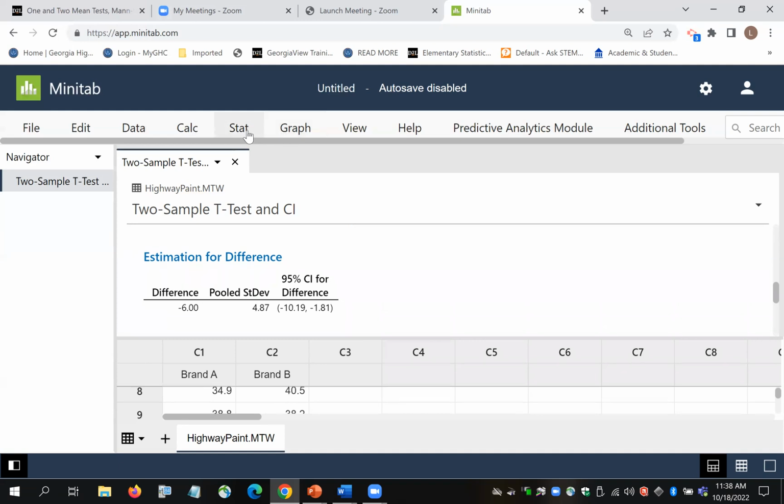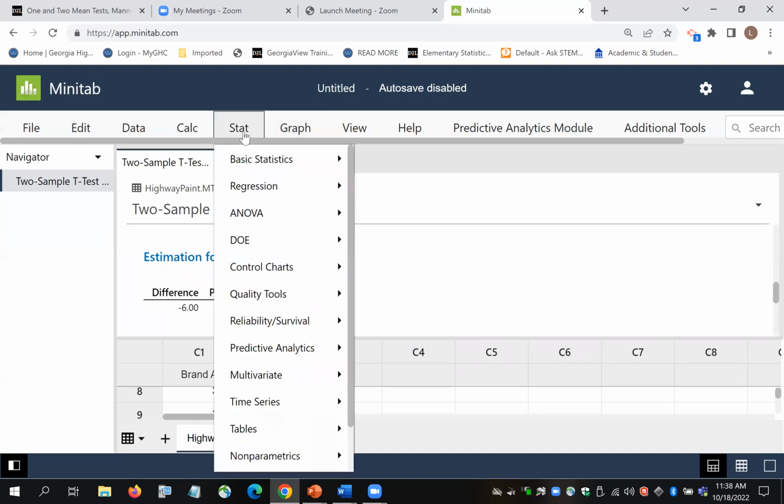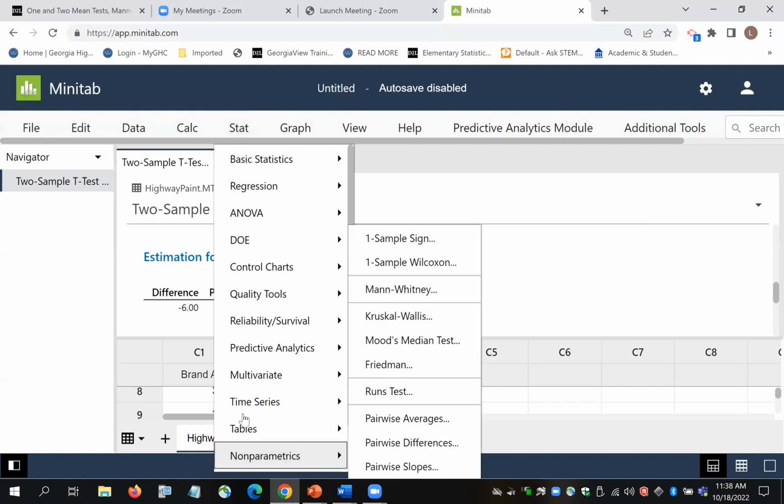So here we go. We go to Stat. We're using a non-parametric test, so I'm going to scroll down towards the bottom of the list to Nonparametrics, and we are doing Mann-Whitney.